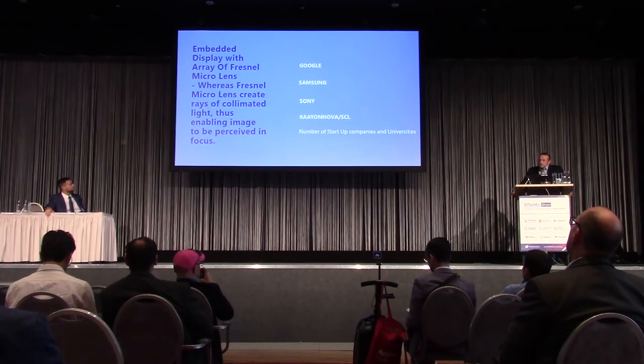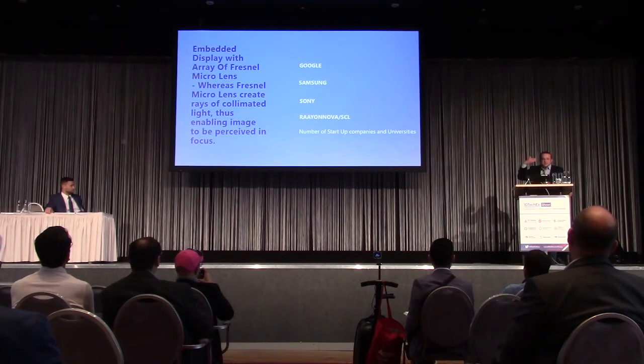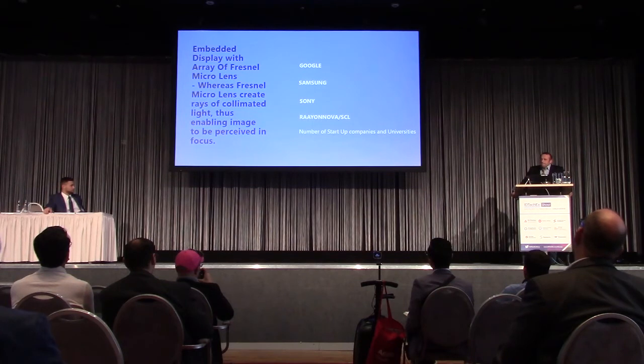So there is one big issue with on-the-eye display that had to be surmounted, and the issue is that naturally human ocular system cannot accommodate, cannot focus on an object which is closer than 7 to 10 centimeters away from the eye. And obviously, if you have display on your eye, we have a problem, right?